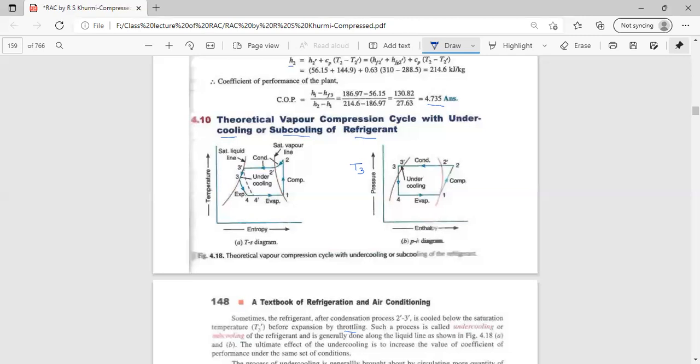So there is a sensible heat release from 2 to 2 dash in the superheated state, and from 3 dash to 3 heat is released in the wet saturated refrigerant line.